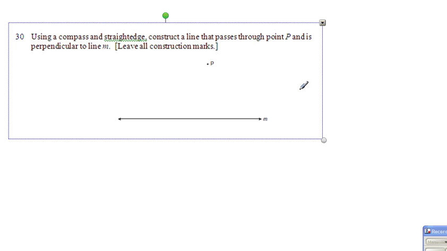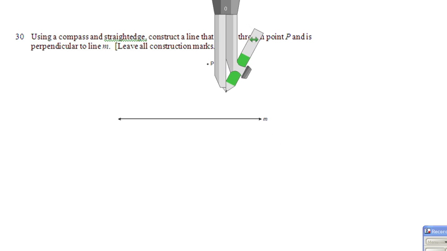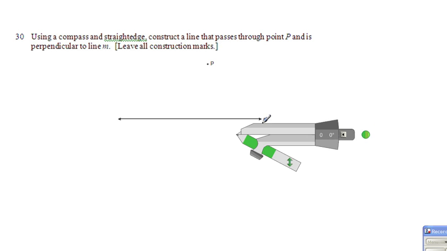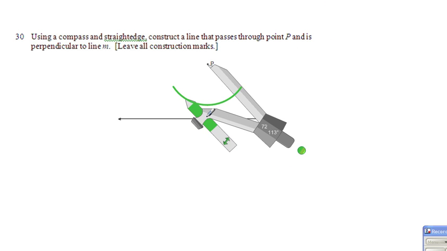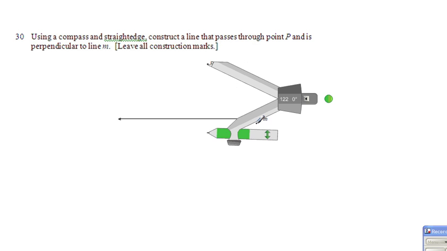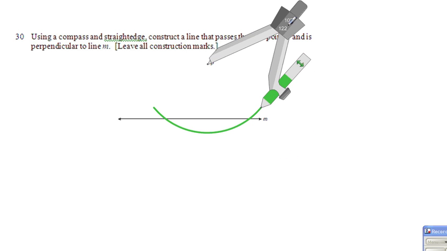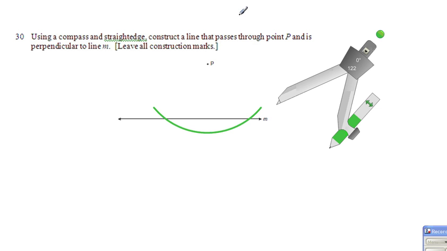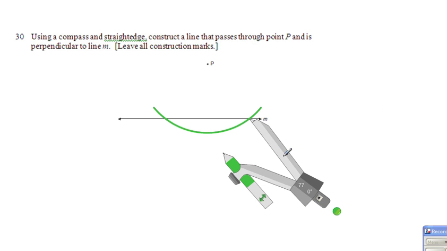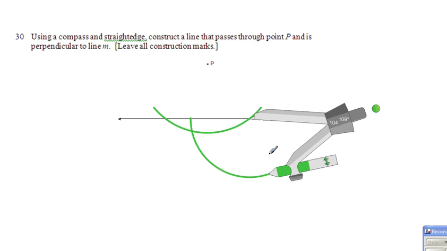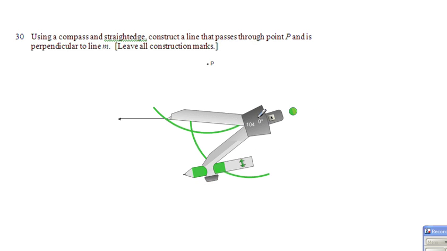Number 21. Perpendicular. Okay, but it has to go through the point P. Now we have to go from here, hold it smaller, or maybe a bit bigger, and then go to the intersection at the end.